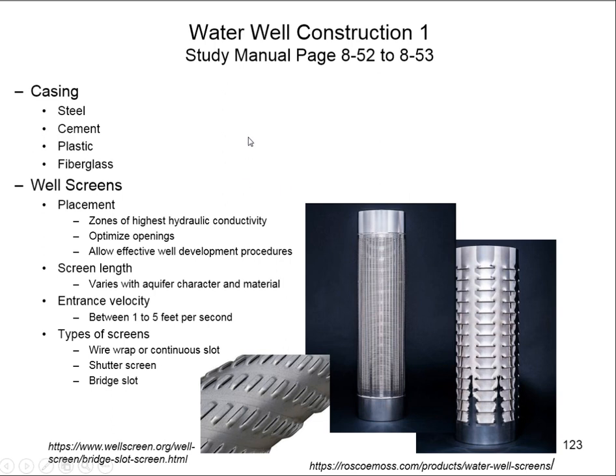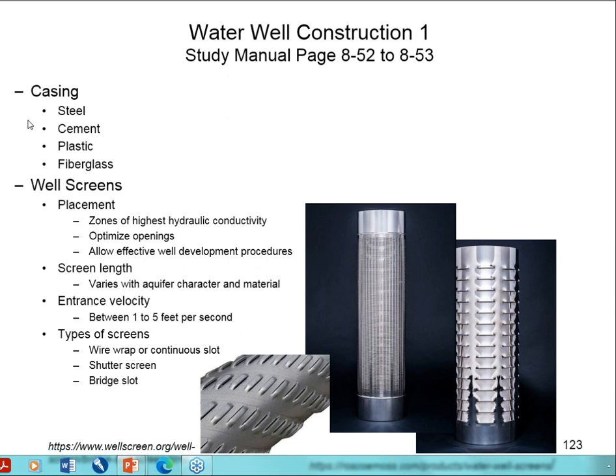Okay, so here we're going to cover some aspects of putting in a drinking water well. And one of the first things that we're going to consider is what kind of casing should we use?